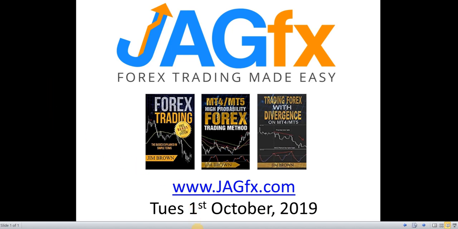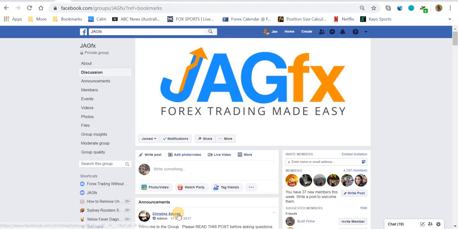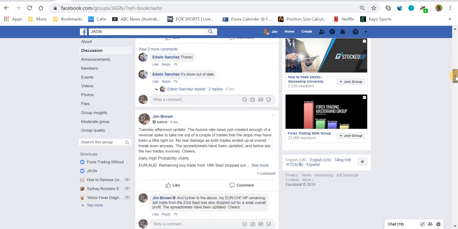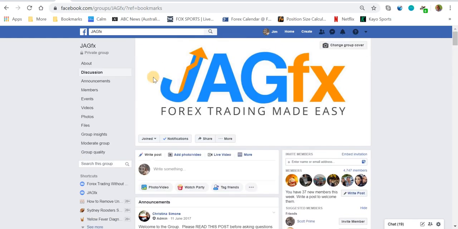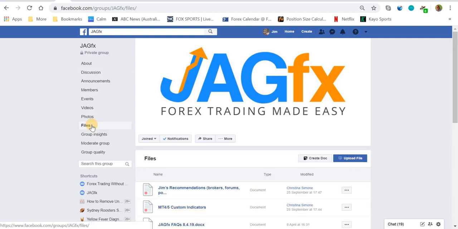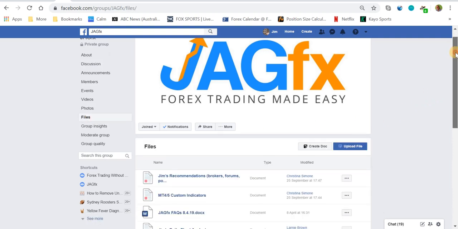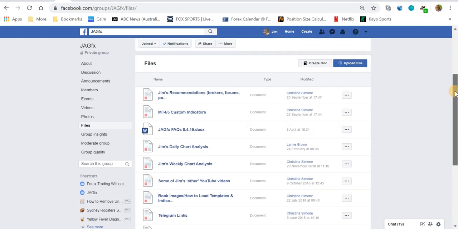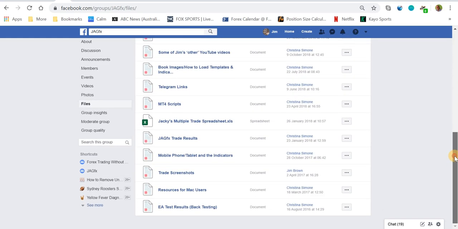So first up, we'll go to the JAGfx Facebook group, private group. Plenty of members in here now, plenty of conversation. It's all good, all going well. Just keep in mind there's a files folder on the left here that shows you where everything is in the group. It's where all the resources are. Links, I've tidied it up a little bit since the last video.